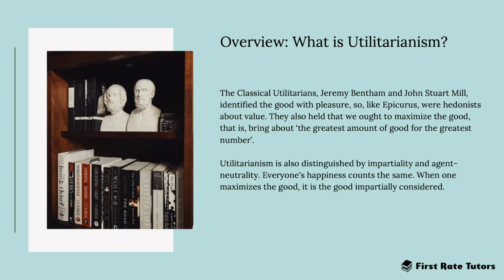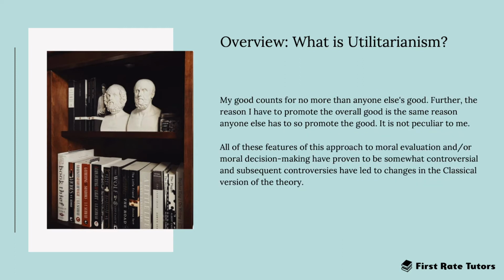Utilitarianism is also distinguished by impartiality and agent-neutrality. Everyone's happiness counts the same. When one maximizes the good, it is the good impartially considered. My good counts for no more than anyone else's good. Further, the reason I have to promote the overall good is the same reason anyone else has to promote the good.